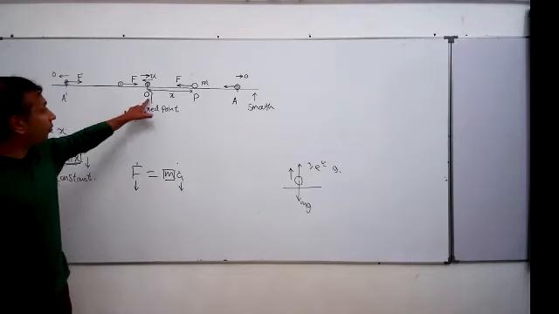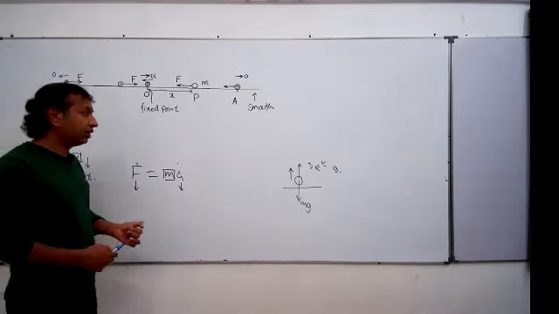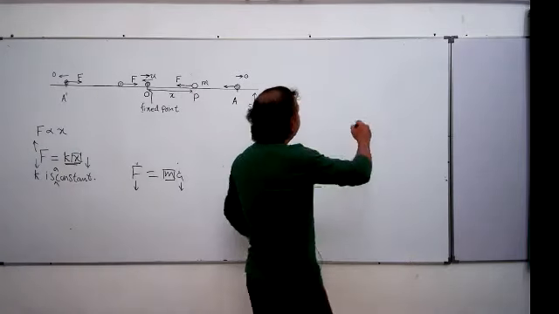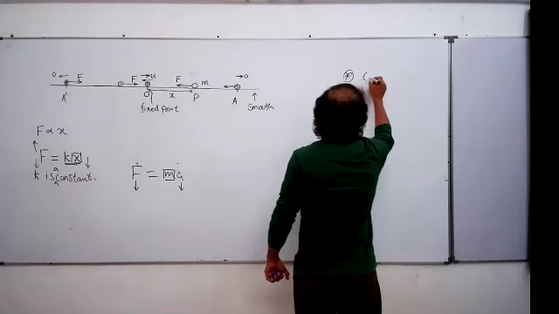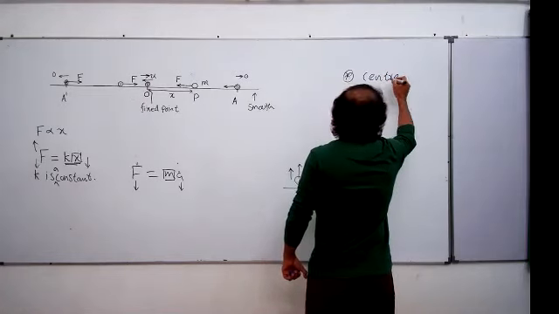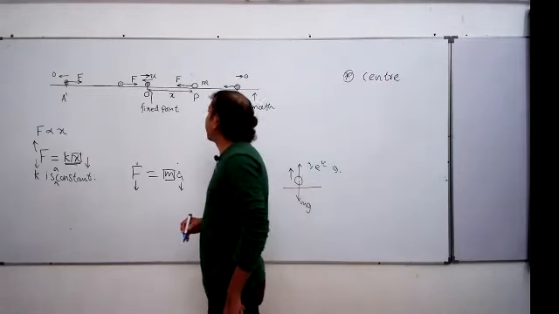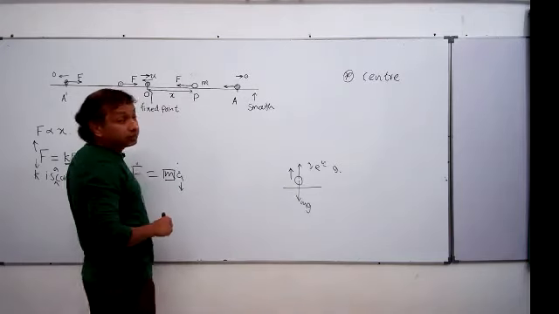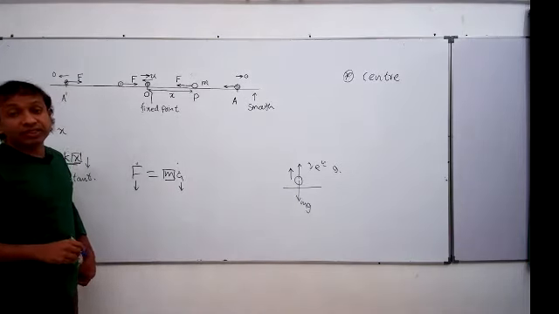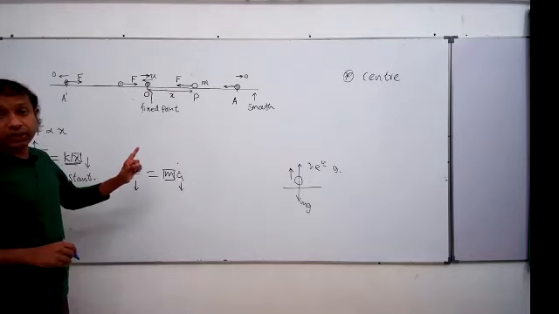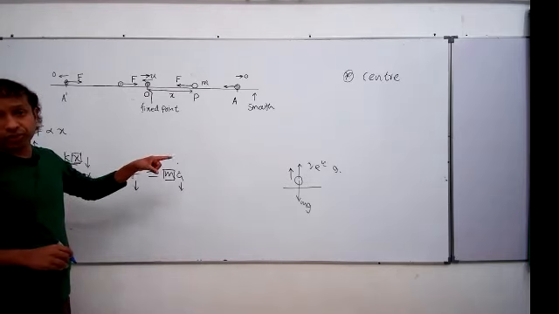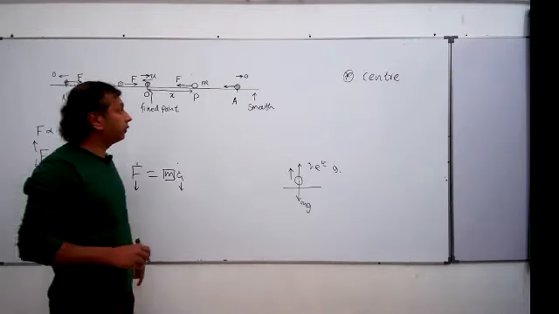This fixed point we define as the center of the simple harmonic motion. And the maximum distance the particle goes away from the center is called the amplitude.